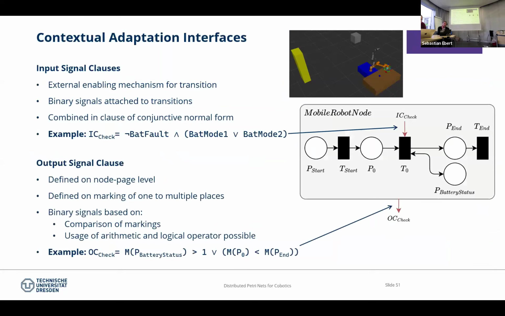Could you give, let's say, a practical example of an adaptation that happened while you were running the experiments?